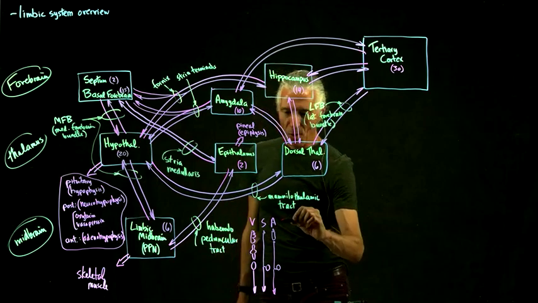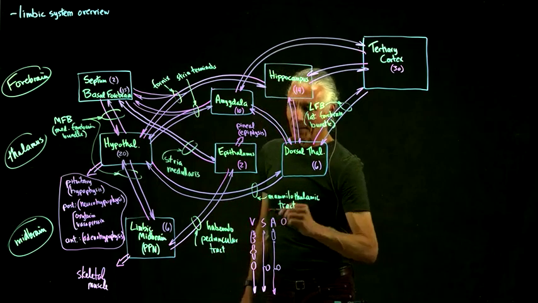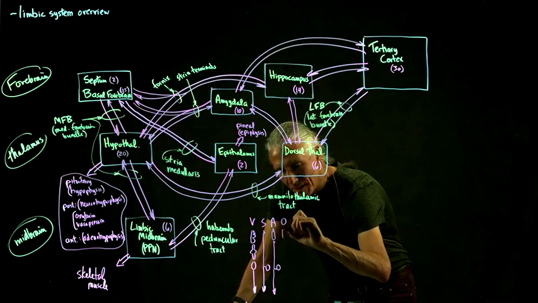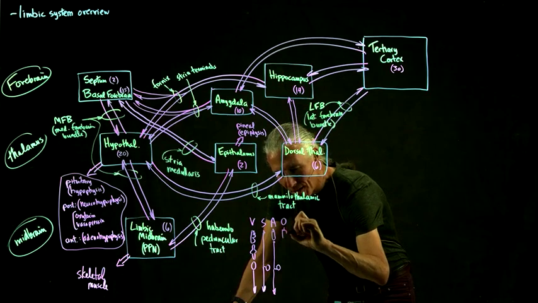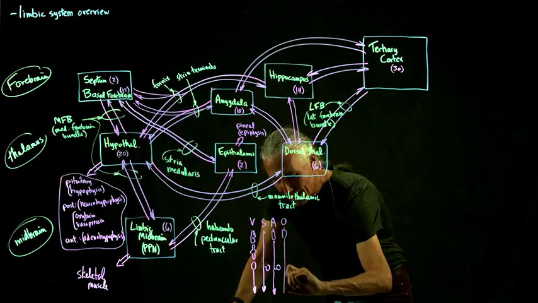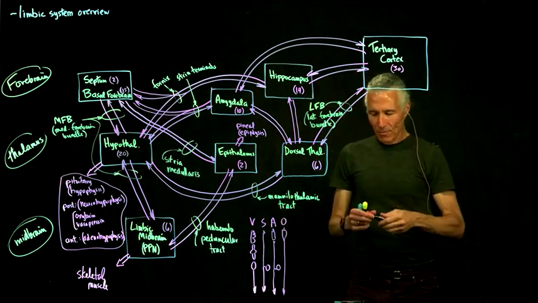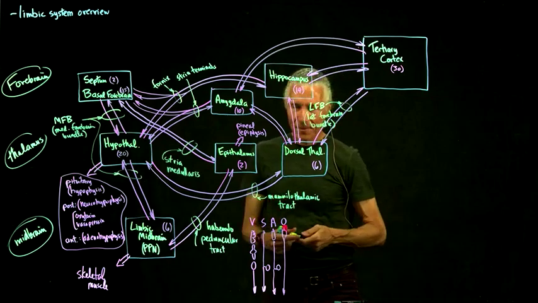olfactory system. The olfactory system is yet different. You have these olfactory receptors, they're hair cells, and they project right into the central nervous system. And so where are they?